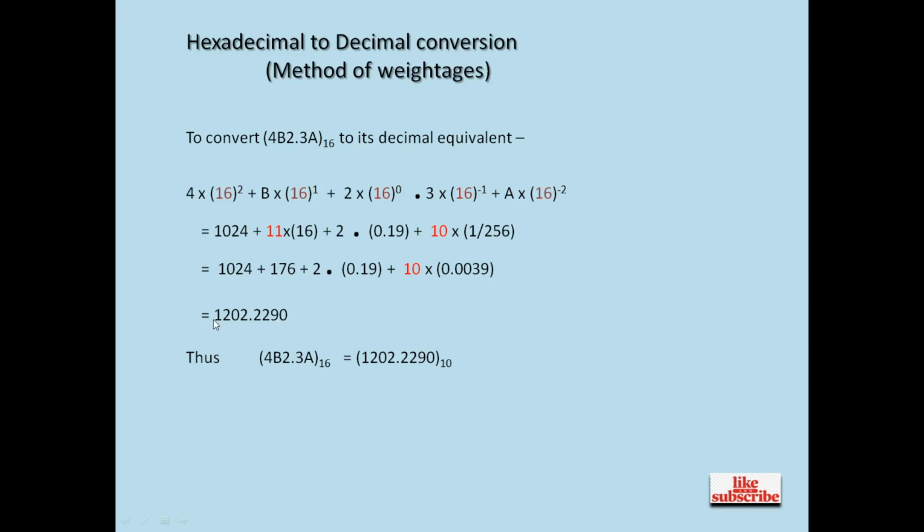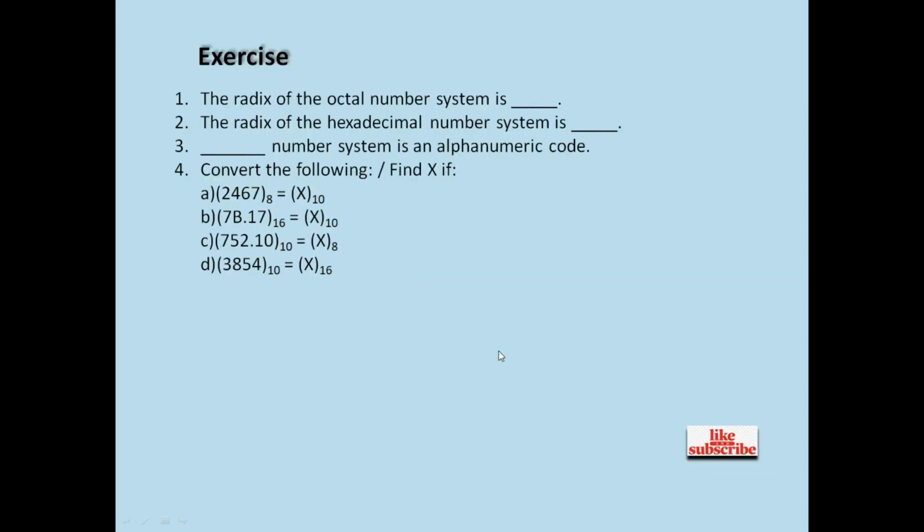So this is the decimal equivalent of the integer part of the hexadecimal number. 4B2 in hexadecimal is equal to 1202 in decimal, and 0.3A in hexadecimal is 0.2290 in decimal, and this is written like this. So this is the conversion of a hexadecimal number to its decimal equivalent, in which we have used the method of weightages.